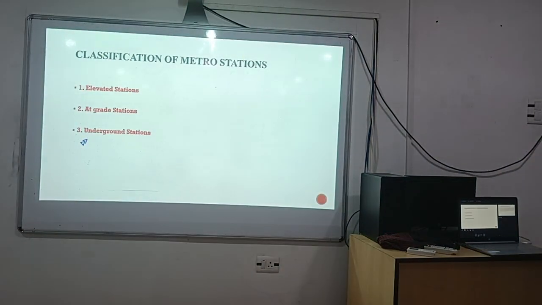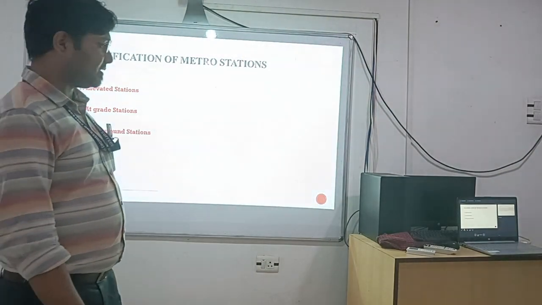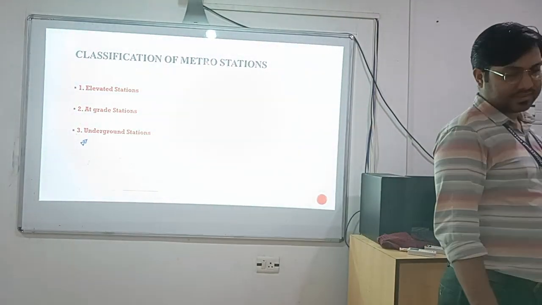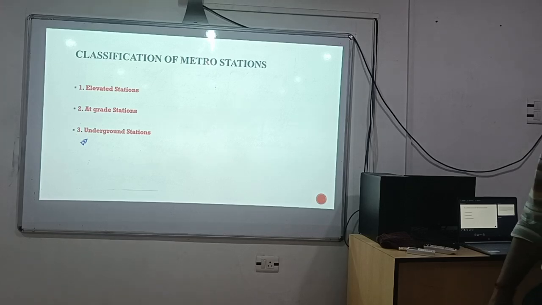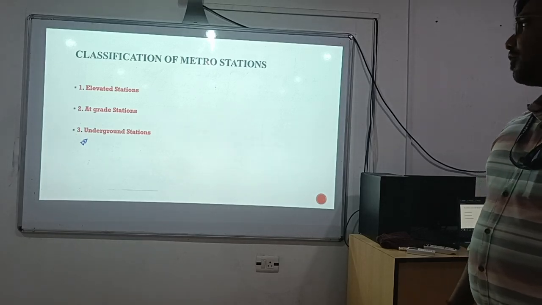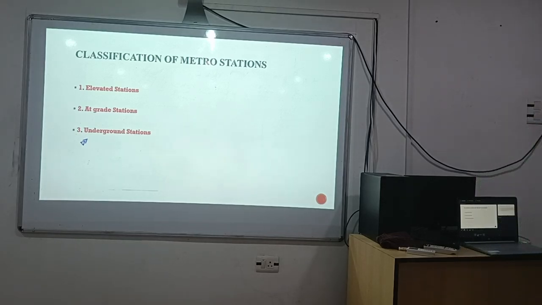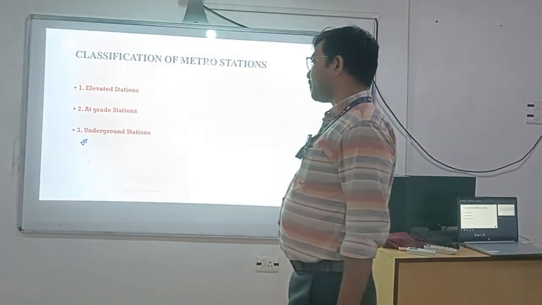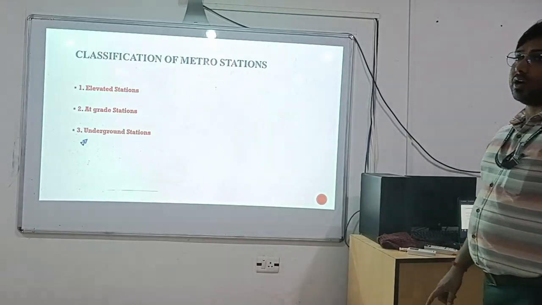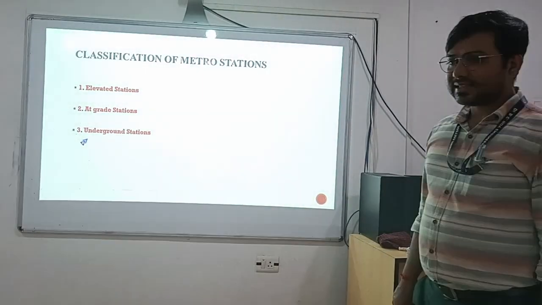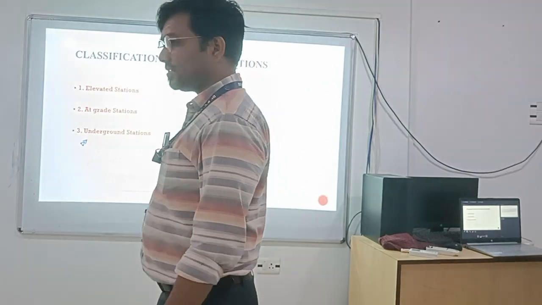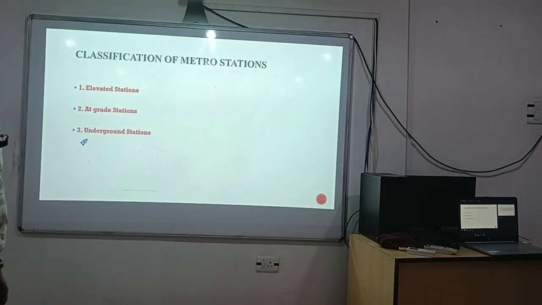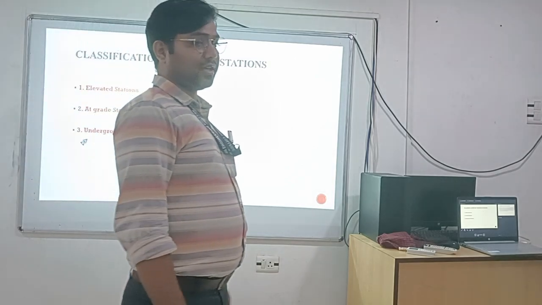This is one important question: what are the essential criteria for opting for an elevated station, elevated route or viaduct, and for underground stations or tunneling. The answer is that there are two criteria. One is the economy, another is the space available at the ground surface.